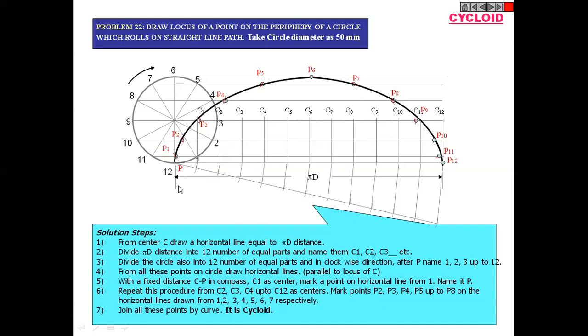The second possibility is, suppose this moving point is not on the circumference but somewhere outside of the circumference. It means this point is not on the circumference but here or any other point, but this point must be outside of the circumference.